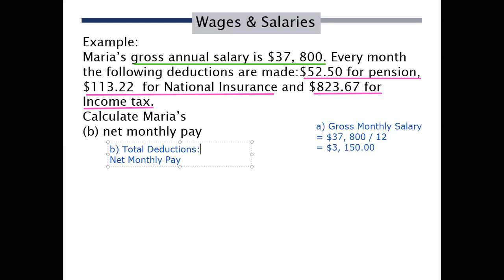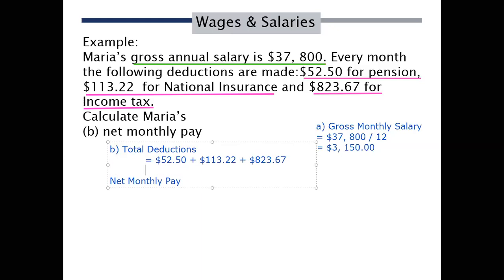Her total deductions equal $52.50 plus $113.22. I'll make my tax box a little bit bigger. Plus $823.67. And so this is the total amount of money that's taken out of her paycheck each month.